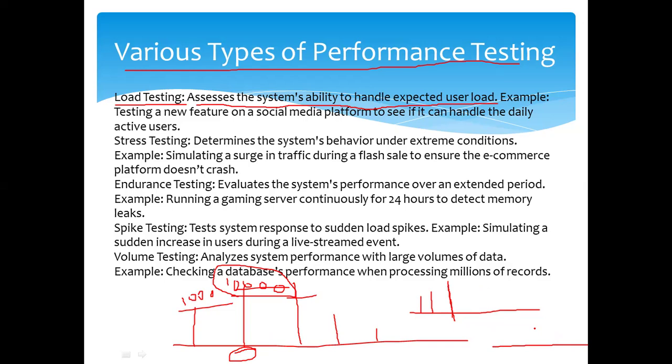For suppose now we have three members parallelly. In some live sessions, 1,000 members may use their application parallelly, at the same time. So we will check how many users log in at the same time. Then I will record the application and design the scenario with this peak hour concurrency.